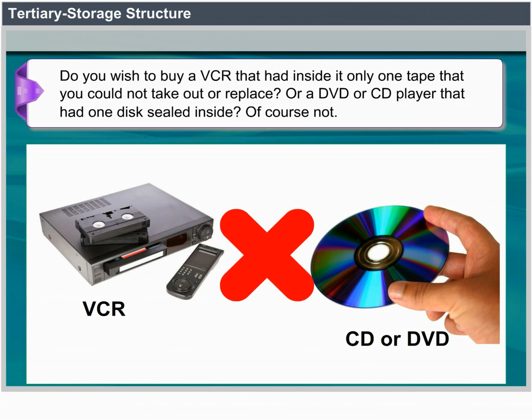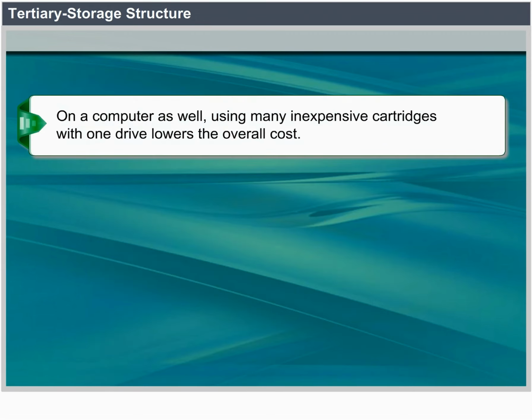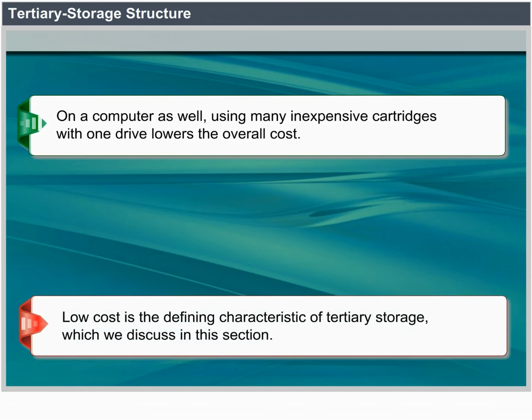On a computer as well, using many inexpensive cartridges with one drive lowers the overall cost. Low cost is the defining character of tertiary storage, which we discuss in this section. Magnetic tape drives and their tapes and CD and DVD drives and platters are typically tertiary storage devices.